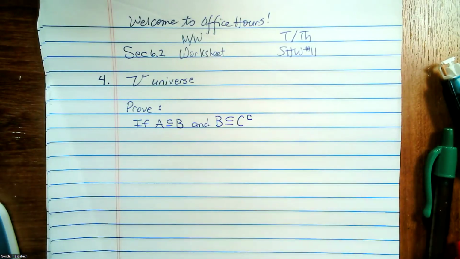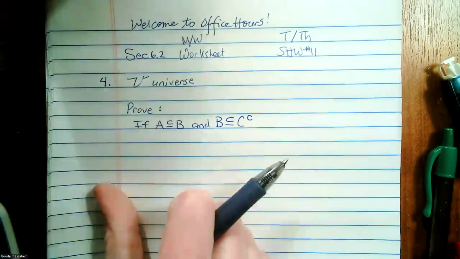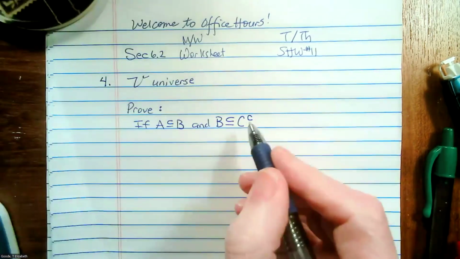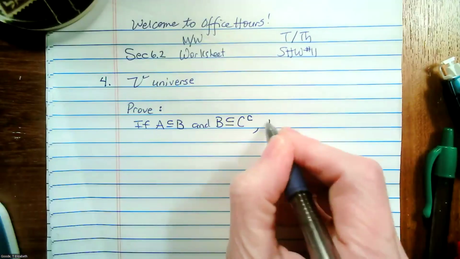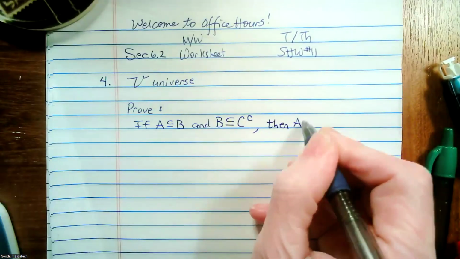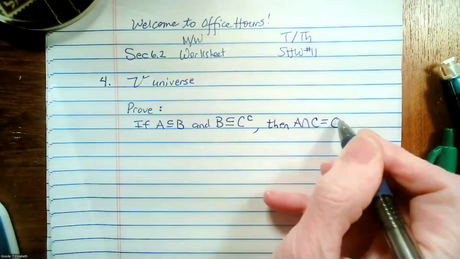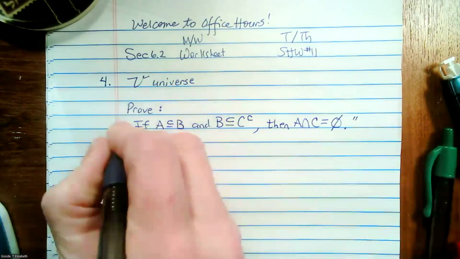C complement? I did not know that. I thought that was square root. Okay, complement. Let me label that: complement of the set. Then A intersect C equals the empty set. So that's what we're going to try to prove.